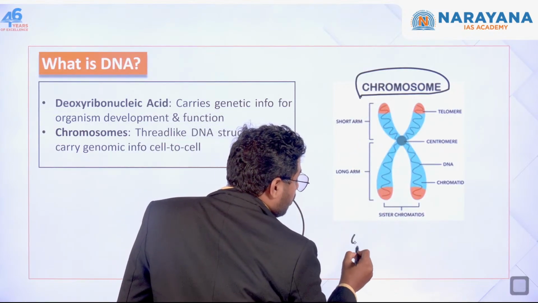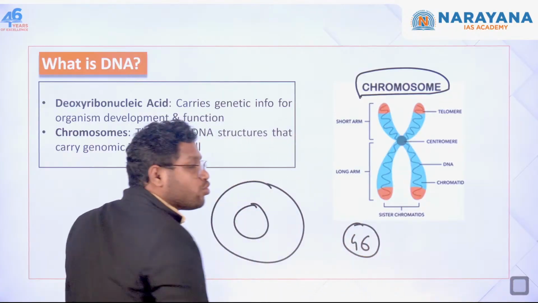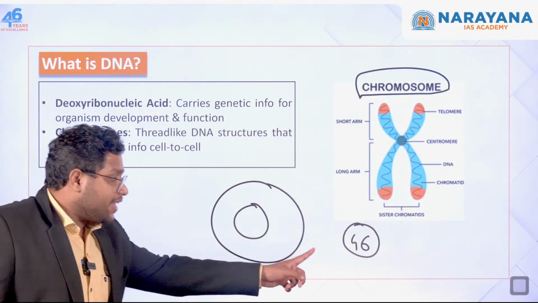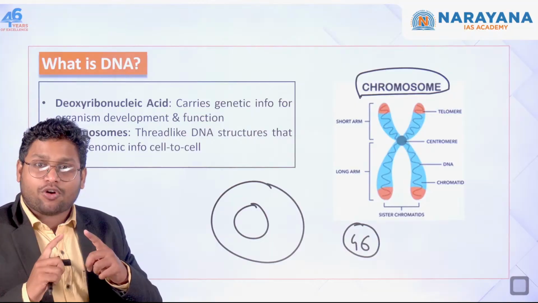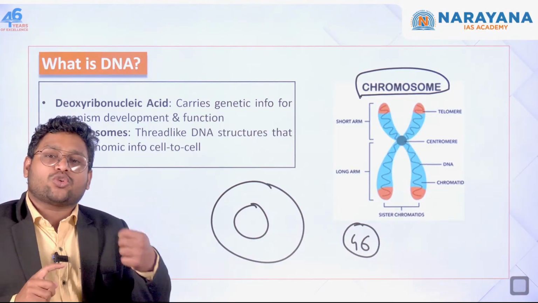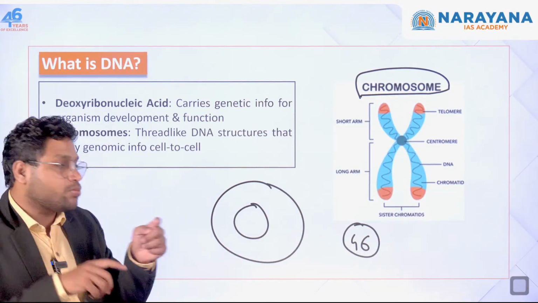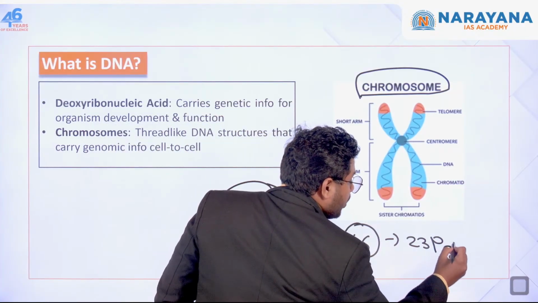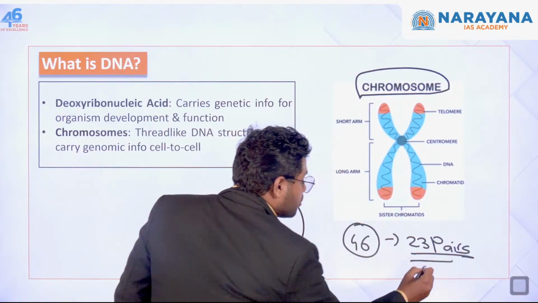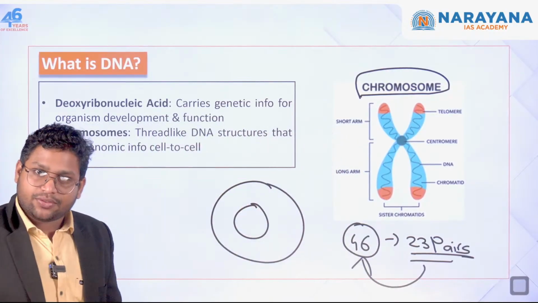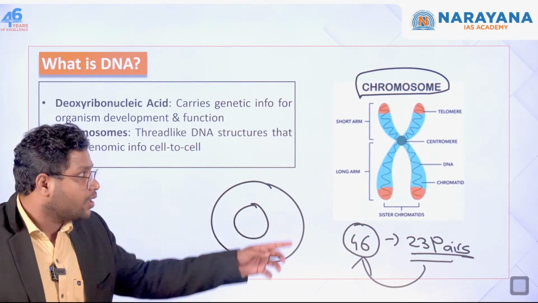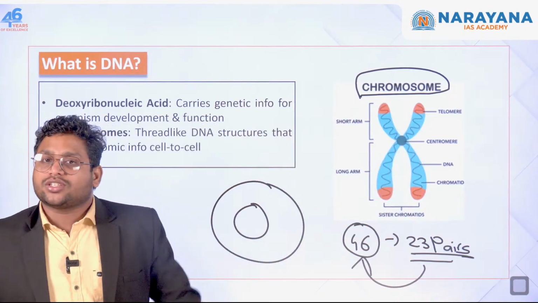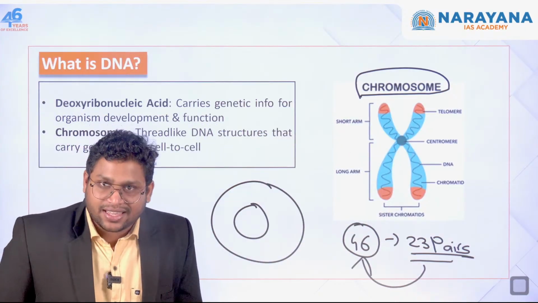There will be a total of 46 chromosomes in your body, but they are in paired form. So there will be 23 pairs of chromosomes. 23 into 2 is 46.